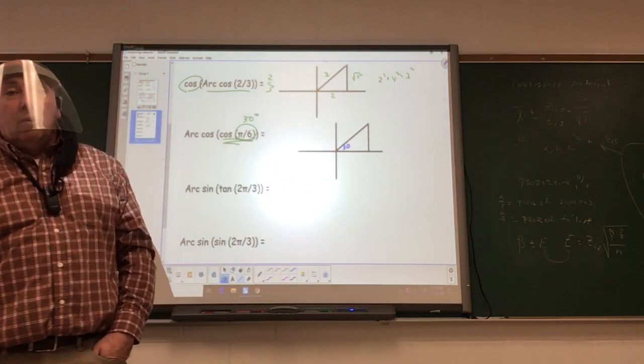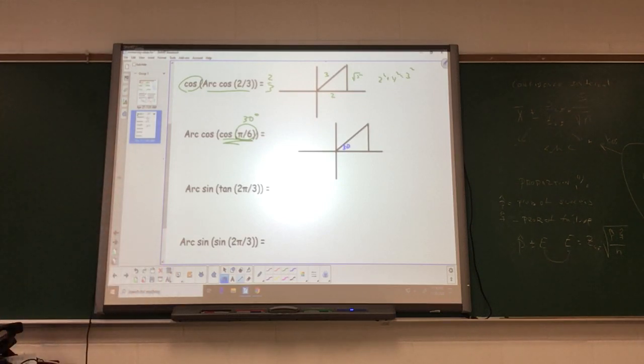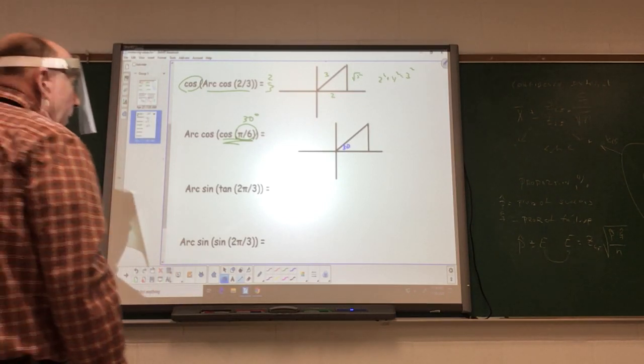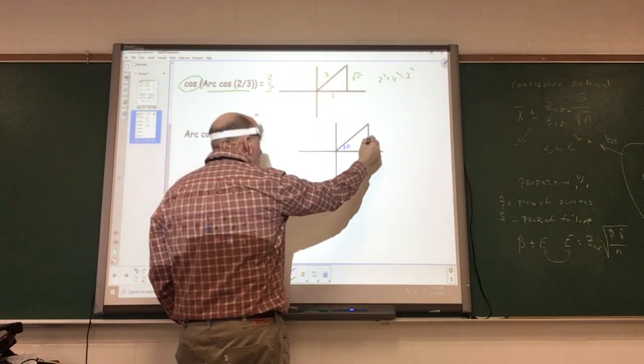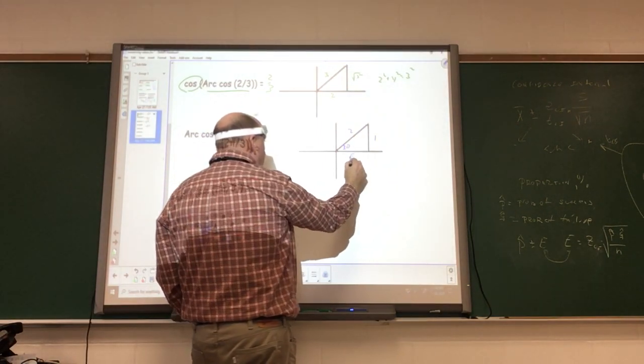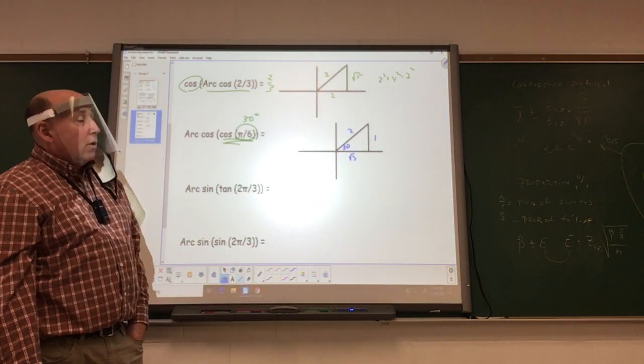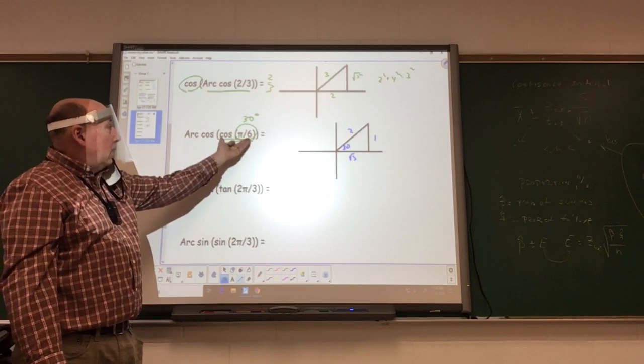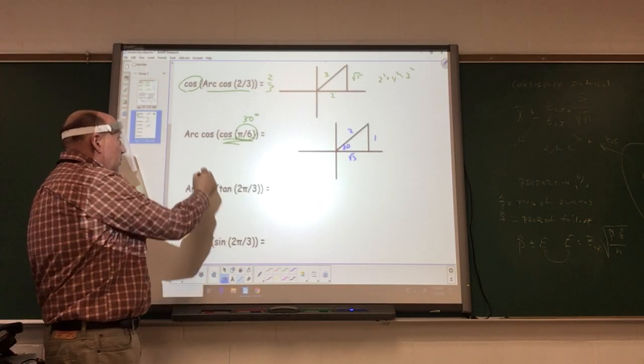The 1 to 2 to the square root of 3 continues to come back to us. 1's across from the 30, 2 is the hypotenuse, square root of 3 here. So I find the cosine of pi over 6.